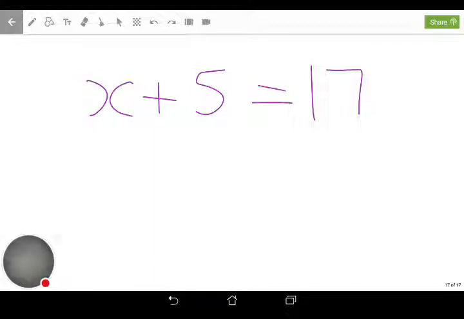How I like to look at the equal sign is as a set of scales. So this little triangle here is my scales. Not that it's a very good drawing. But with a set of scales, it's important in algebra that we keep it balanced. So whatever you do to one side, you're going to do to the other side as well. So that's what we're going to work on today.